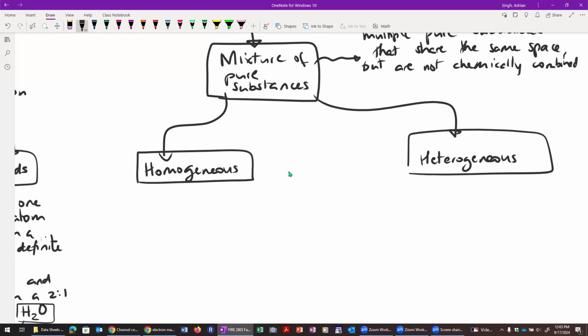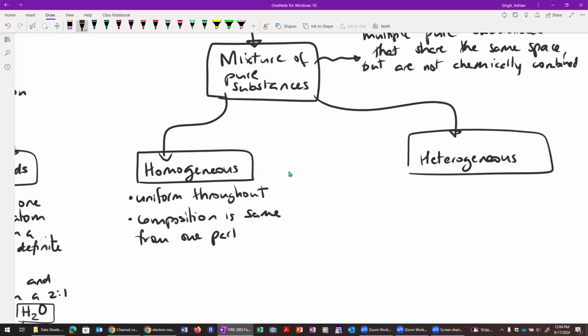Well, it has to do with the uniformity of that mixture. So a homogeneous mixture is uniform throughout. It looks the same, the composition is the same from one part of the sample to another.